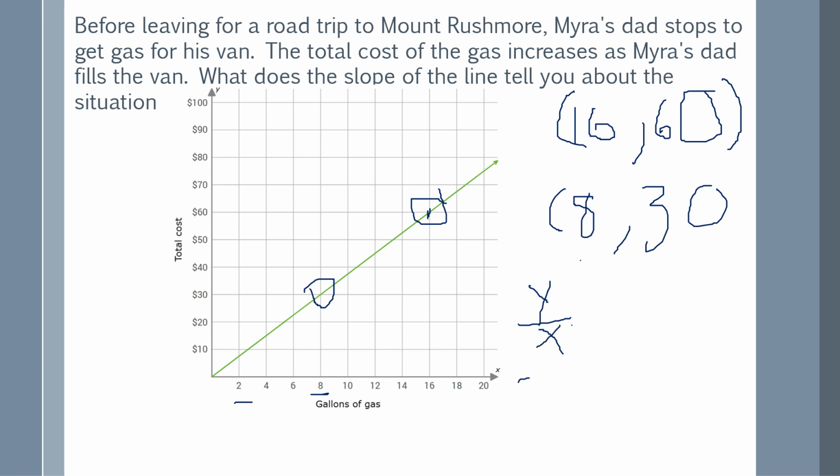Let me correct that, because I gotta go in order with this. So my y2 is going to be here, and my y1 is going to be here, so 60 minus 30.